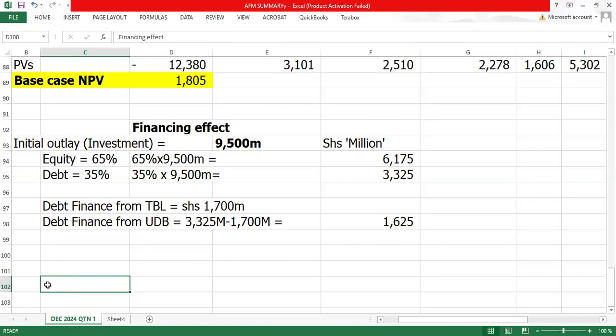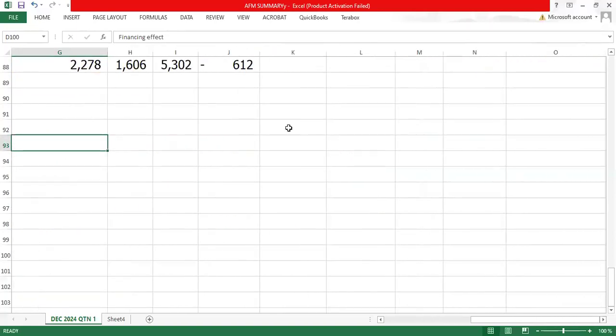Remember, as you deal with these things related to APV, there are some that you need to recall. One, when you're handling financing effect, you need the tax relief on the debt.